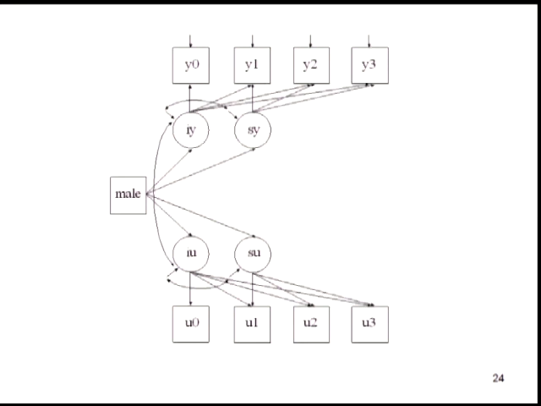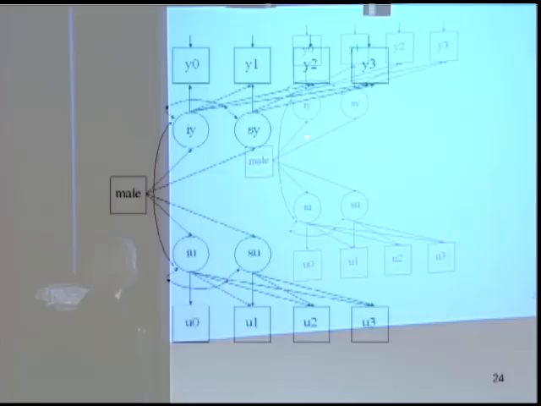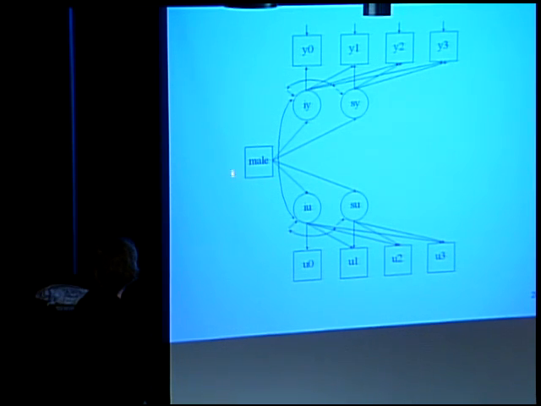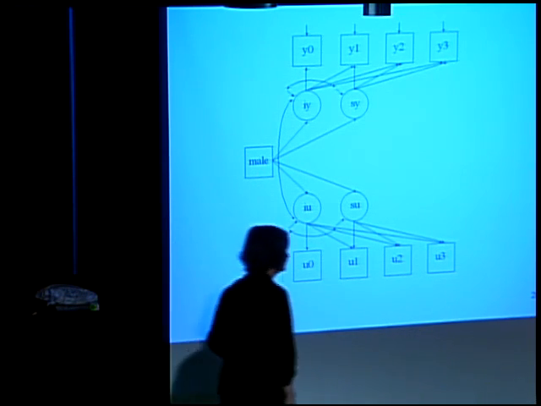We call the intercept growth factors IY for the continuous, IU for the binary, and the slope growth factors SY for the continuous and SU for the binary. And you can see that we're regressing all 4 of the growth factors on the covariate male, the time invariant covariate male.